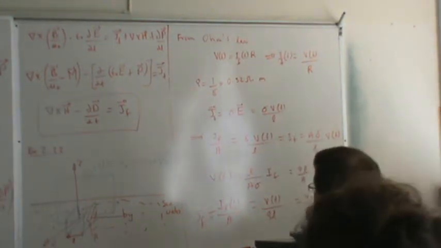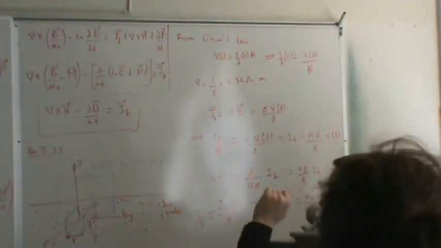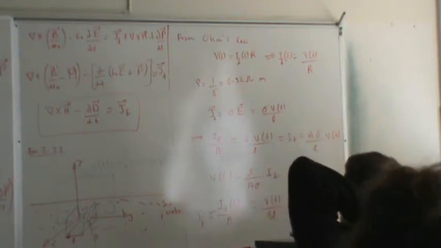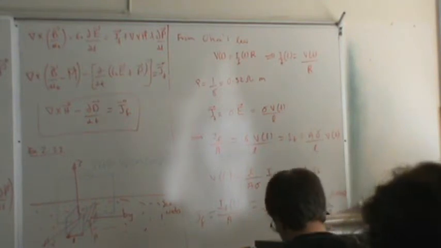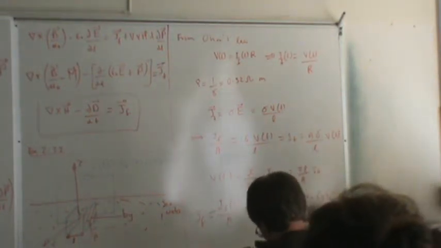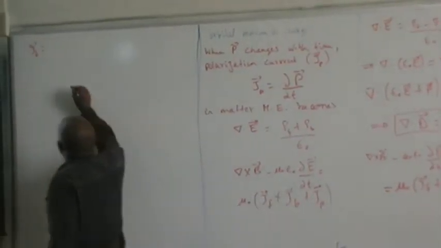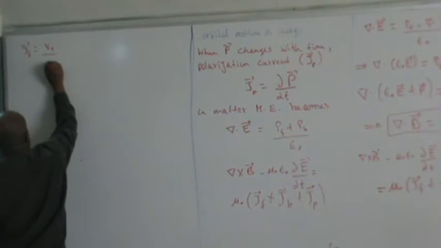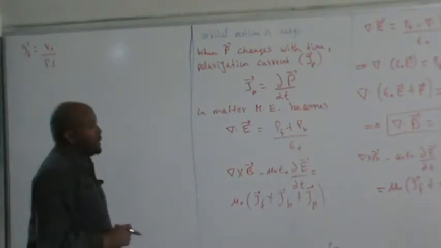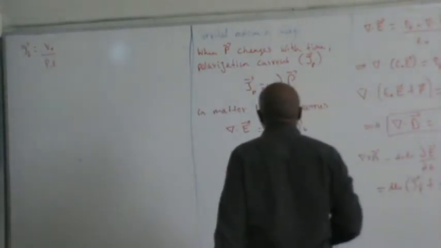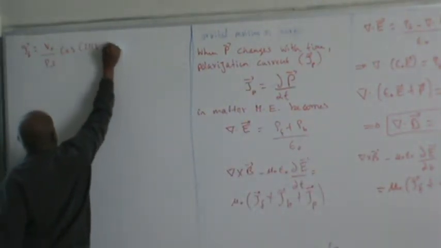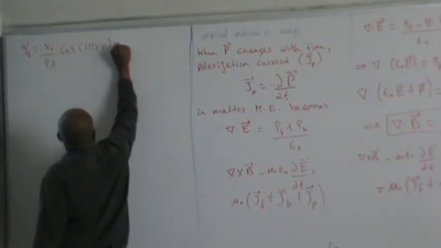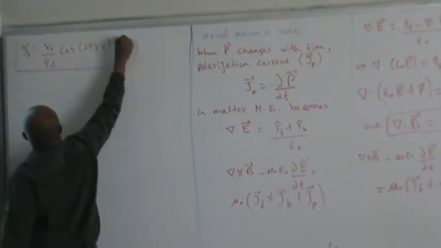So the current density J free is going to be V naught over rho L times cosine of 2 pi nu t along the y. So that's the free current.